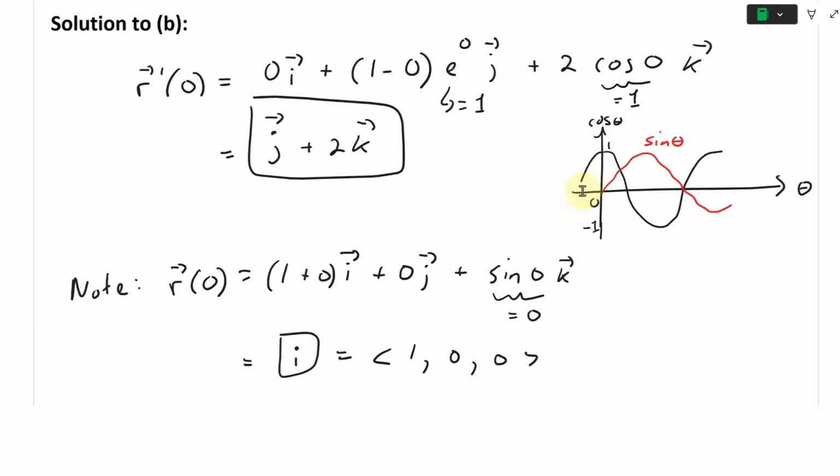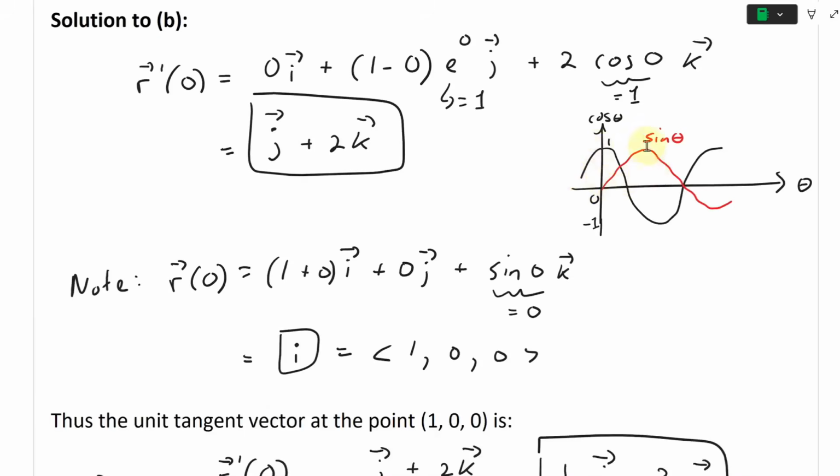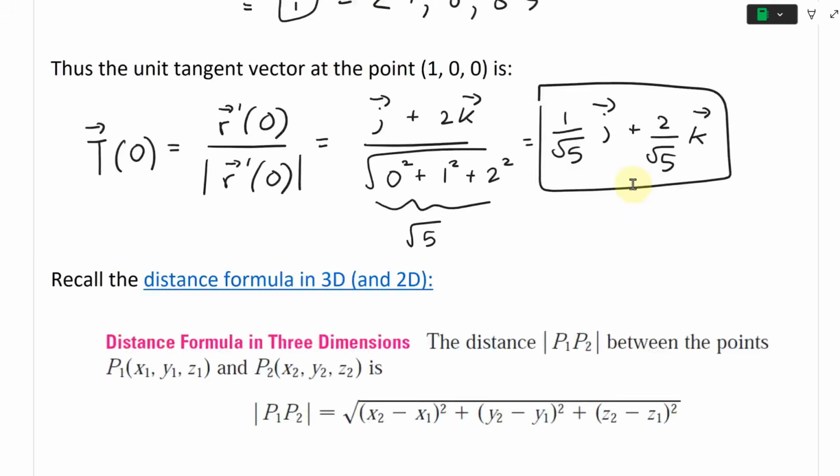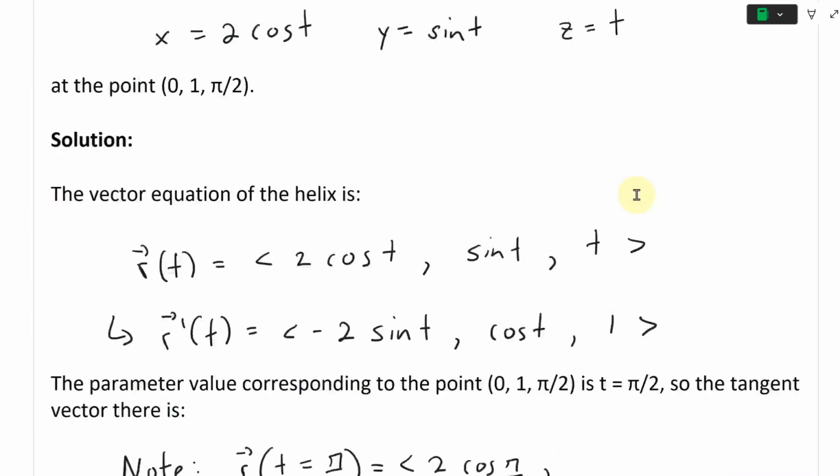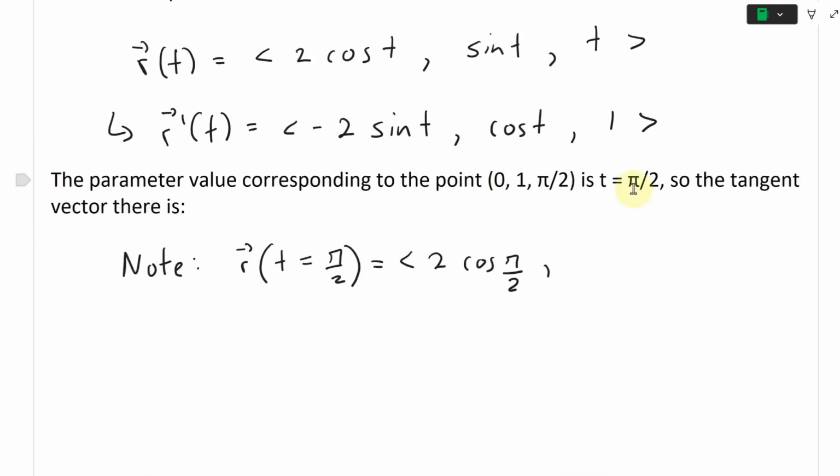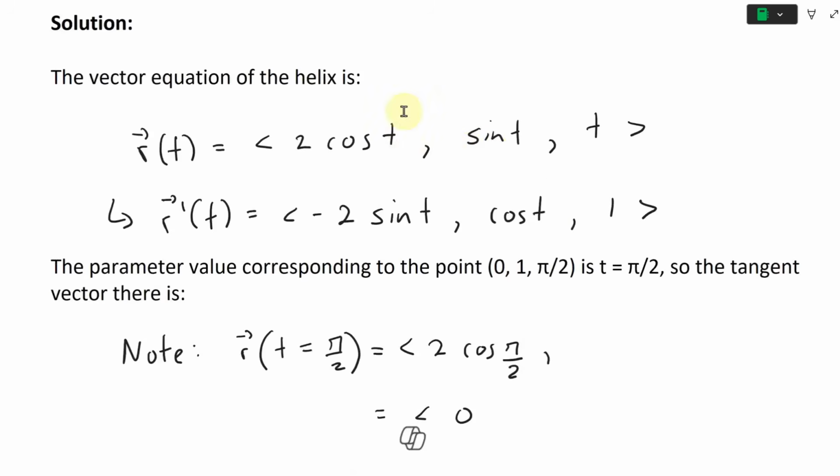So that's going to be 0, so this equals 0. And then the next one is sine t, so sine pi over 2, and that just equals 1. And then lastly, t is just pi over 2.